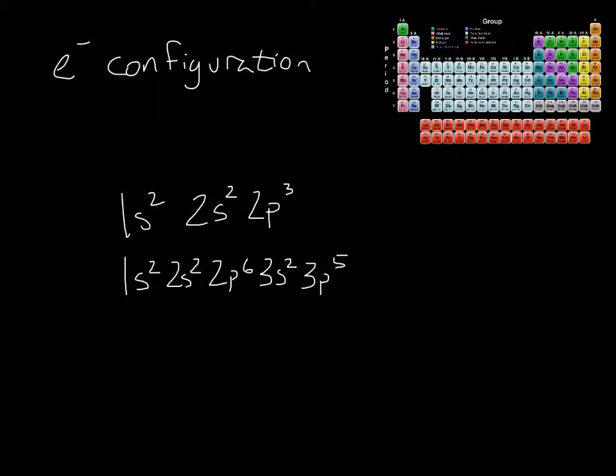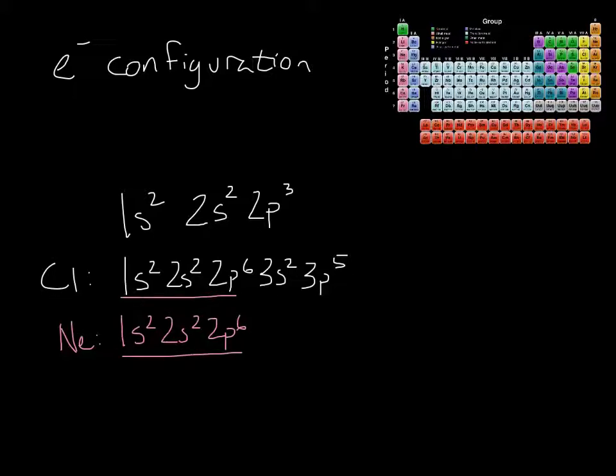They all start with the 1s, 2s, and they build their way up, and it just keeps getting bigger. So we can actually shorten this down by looking at the noble gases. So for example, neon. Neon's electron configuration is going to be 1s2, 2s2, 2p6. Now, since chlorine started with the same thing as neon, we can shorten down chlorine.